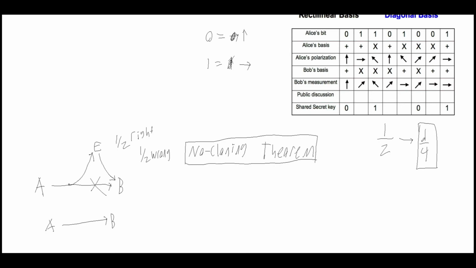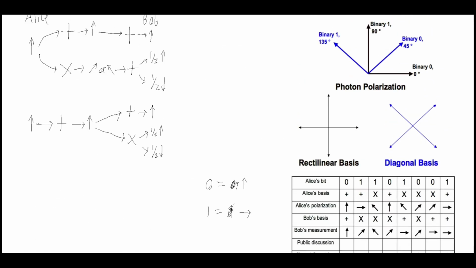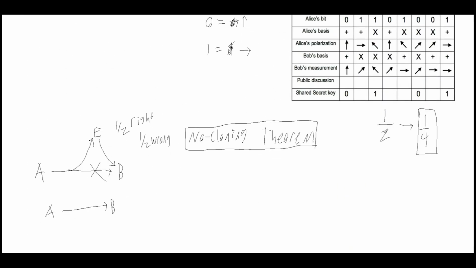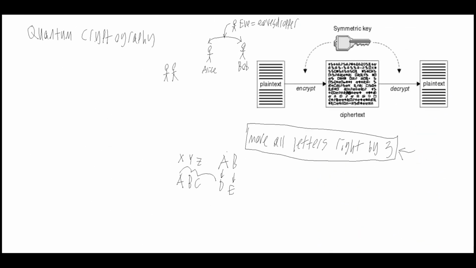If somebody is listening, then only a quarter of them will be. And so that is a way you can detect if somebody is listening in, and that is how you can make sure that you have a secure key, by only using a key that was sent when half of the string of numbers were matched between the person sending and the person receiving.